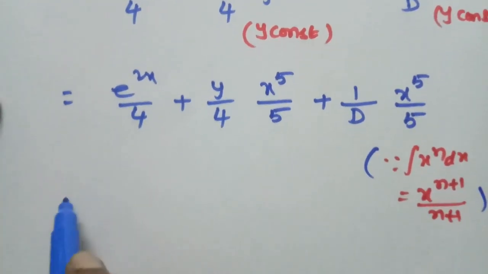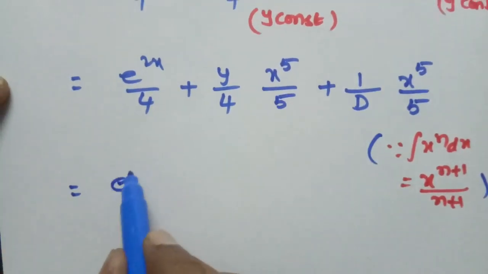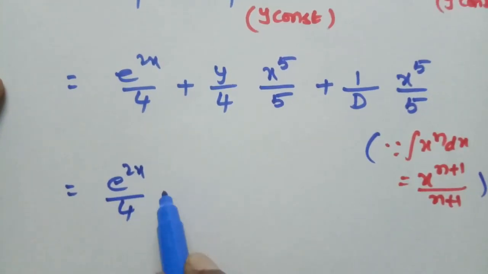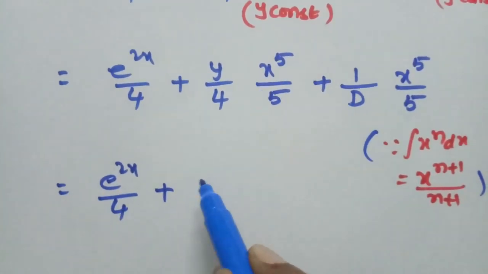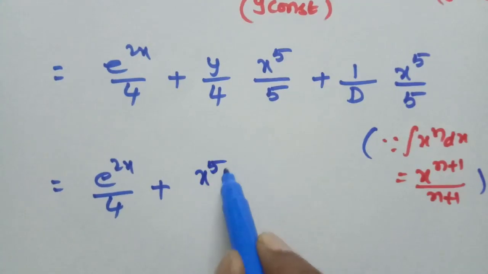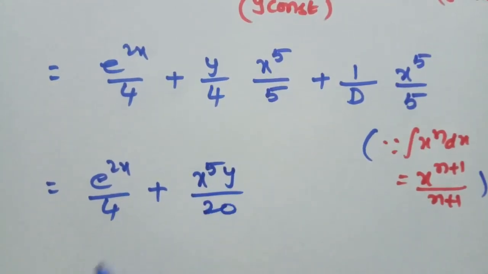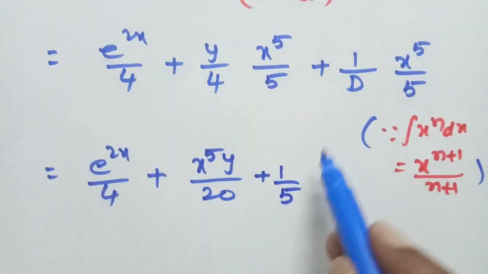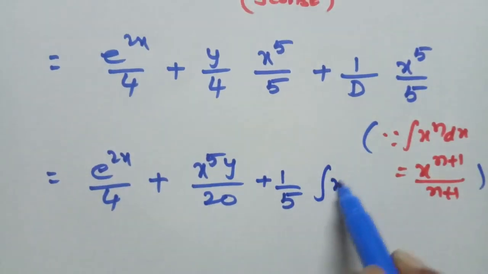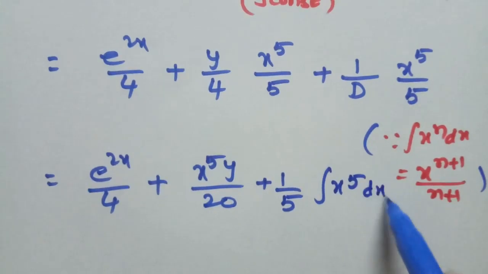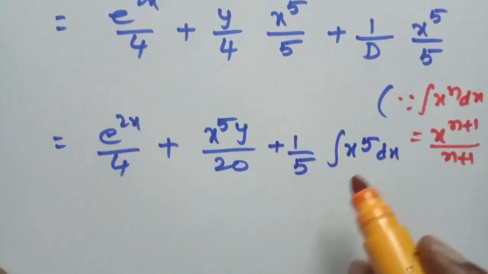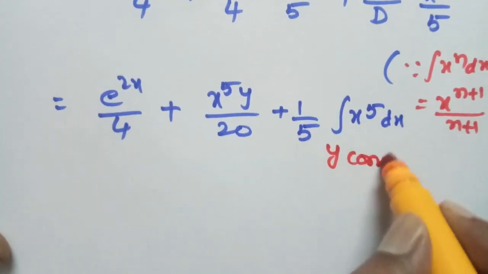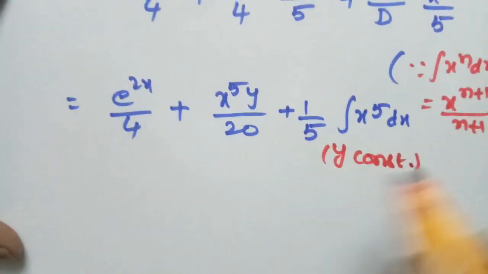Here e power 2x by 4 plus x power 5 into y by 20 plus 1 by 5 into again 1 by D means integration of x power 5 dx keeping y as a constant.